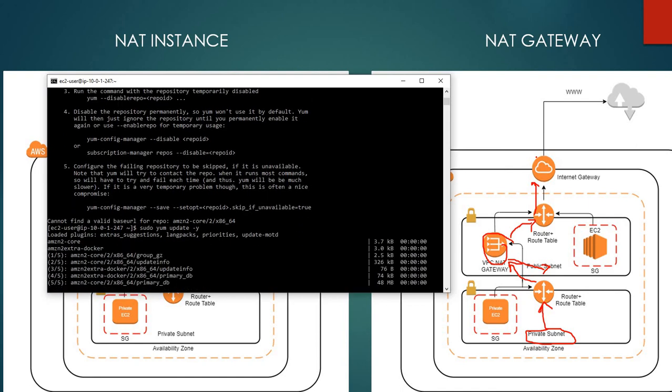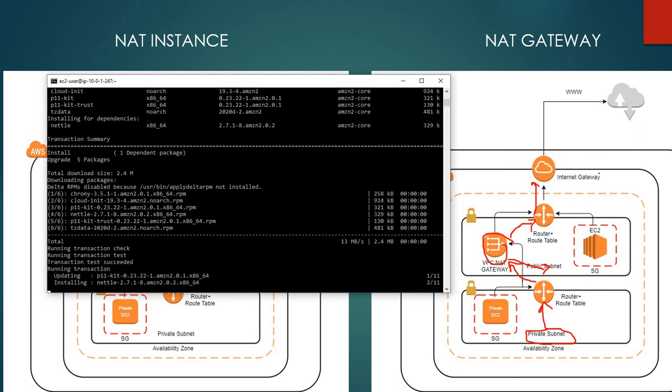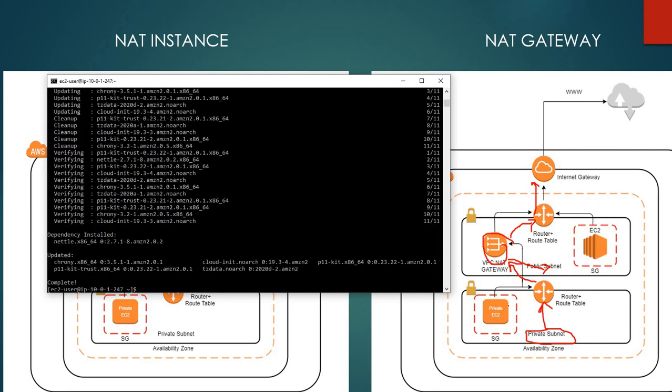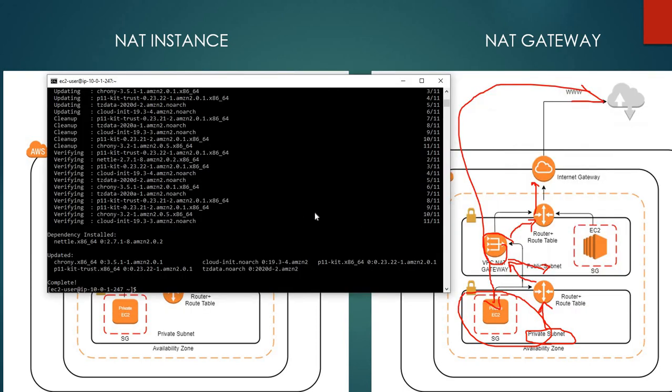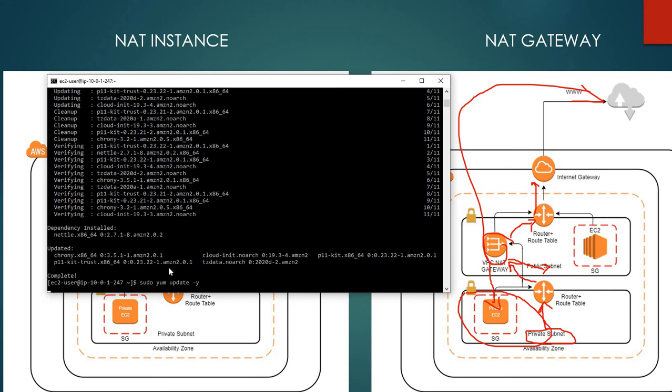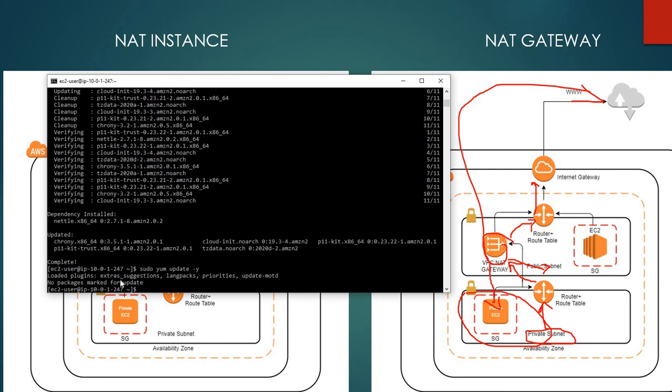Look now, our database EC2 machine has internet access, and it can download the update from the internet. It's downloading right now, right here. So it gets updated, dependencies updated, all the information right here. It's already updated. No packages marked for update. Everything is updated now.